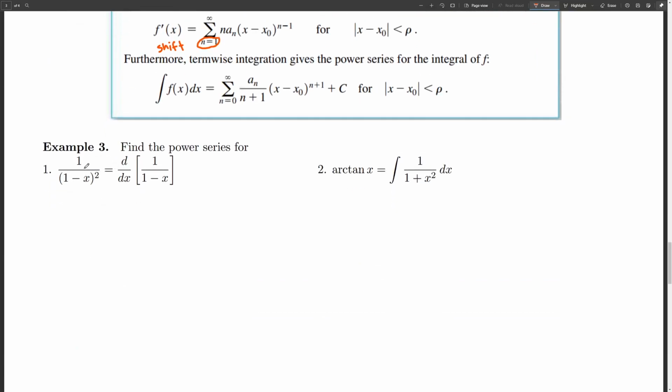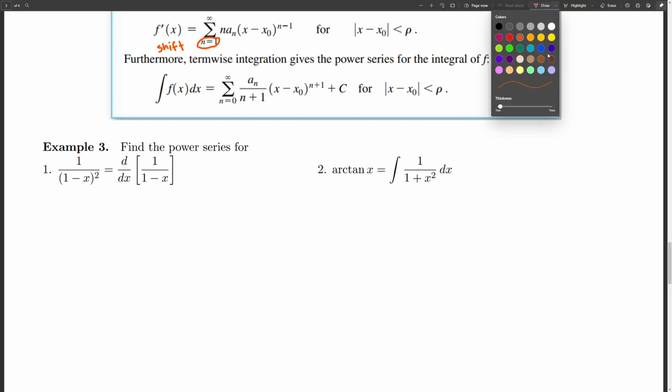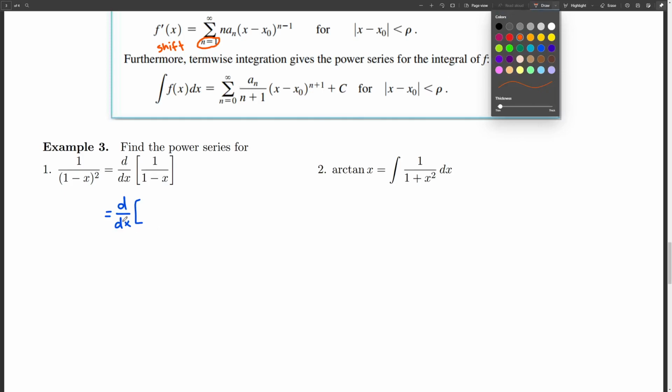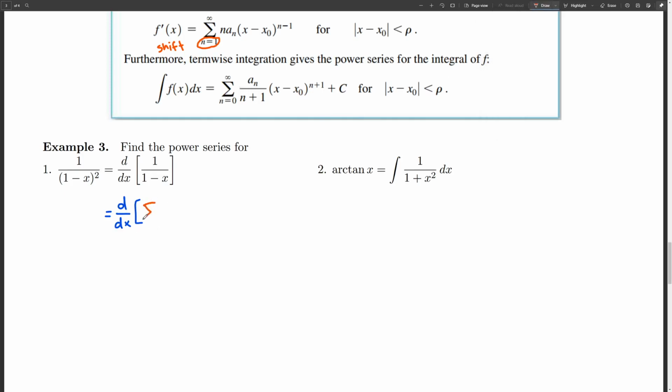So 1 over (1 minus x) squared is the derivative of 1 over 1 minus x. So what we can do here is say this is the derivative of, and the power series for 1 over 1 minus x is given by the summation from n equals 0 to infinity of x to the power n.